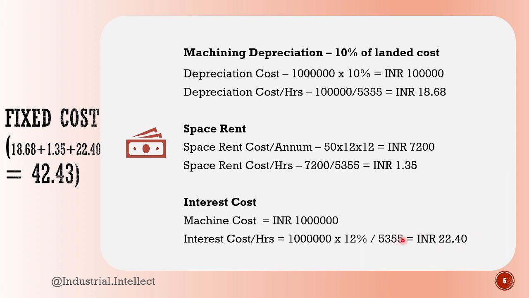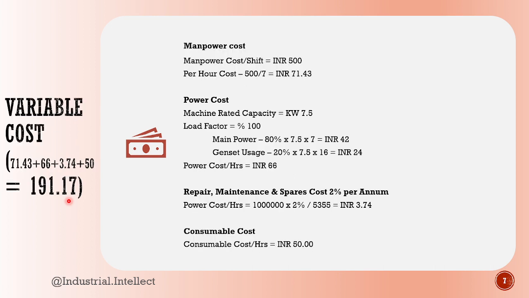So per hour interest cost would be 22.4. So with this calculation, fixed cost would be 18.68 plus 1.35 plus 22.4, which comes to 42.43 Indian rupees per hour. So this is the fixed cost.